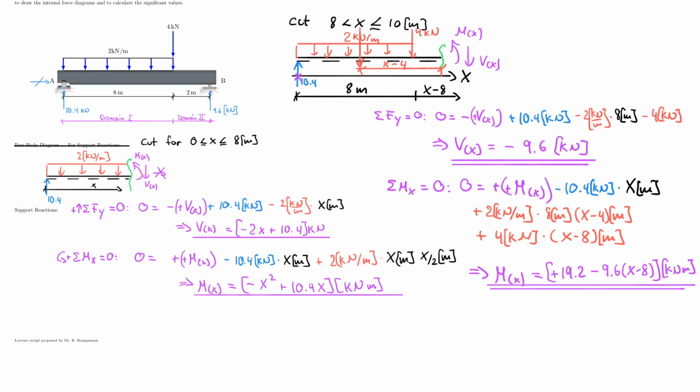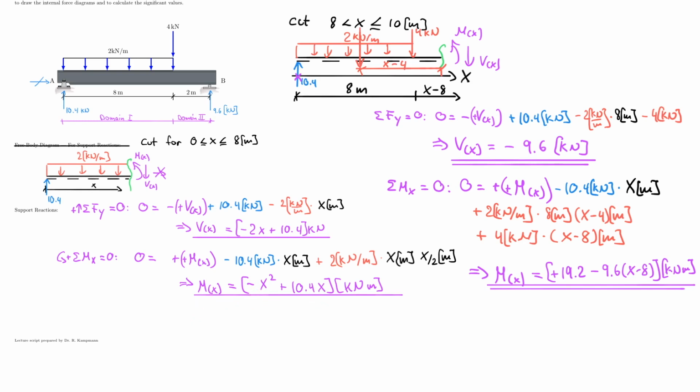Now, a better way of doing that is actually by plugging in 8 for x here, because my moment needs to be continuous at this location because I don't have a concentrated moment here. So I can just plug in 8 for x and solve this equation.